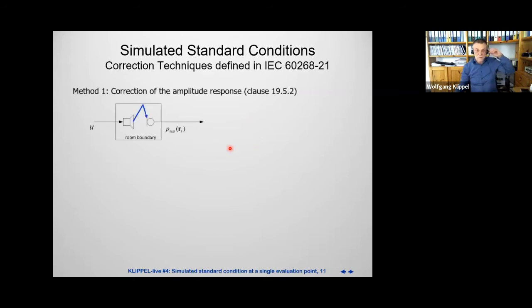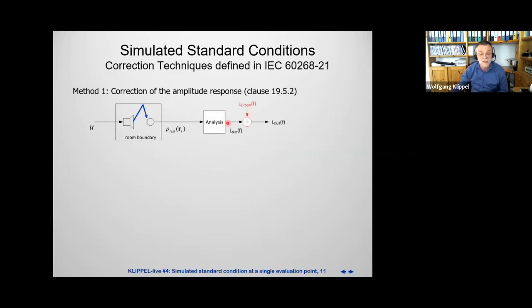The IEC standard provides actually two solutions for that. One is very old and very common. You are doing in a normal way your far field measurement, you get a sound pressure response, and you just compensate here for the room influence in the fundamental response by adding a normal scalar, not complex, transfer function or correction curve to that.